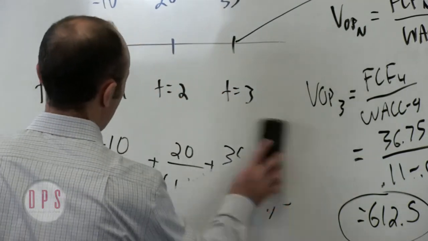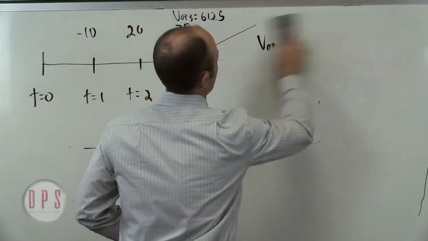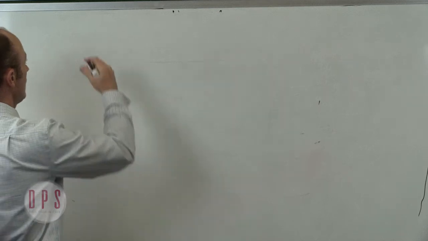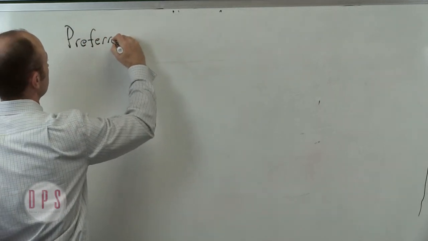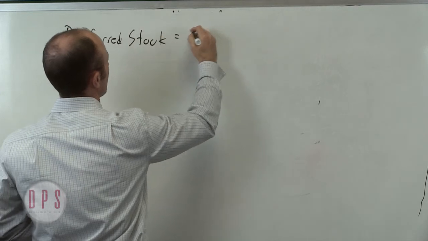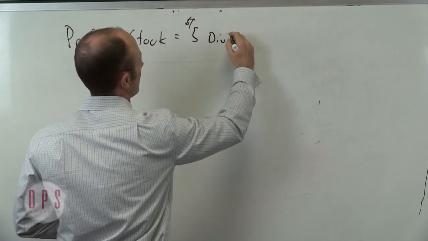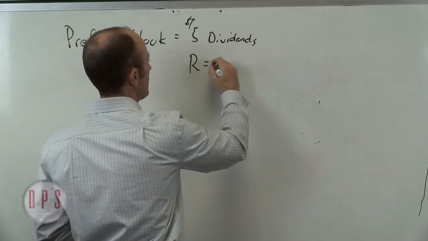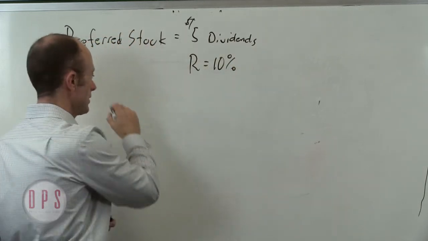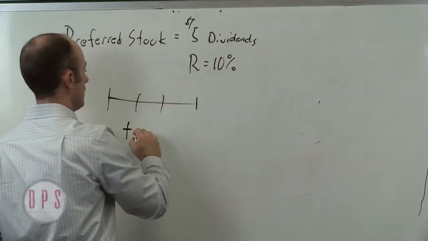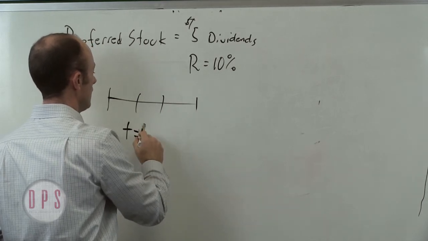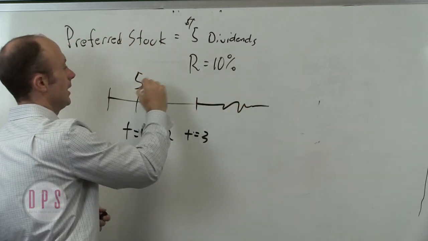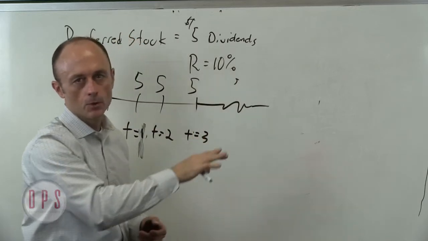So if you have an example where you're getting preferred stock with $5 dividend payments, and your required rate of return is 10%, that means at t equals 1, t equals 2, t equals 3, and beyond into infinity, you're going to get $5 every period in perpetuity.